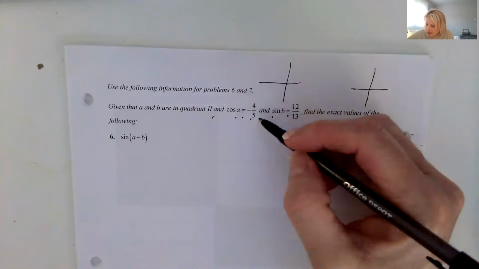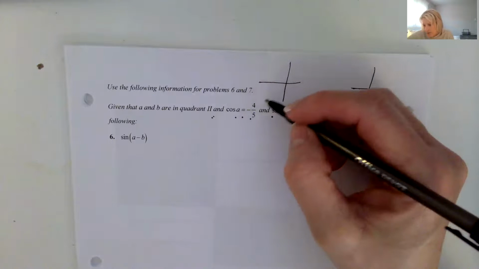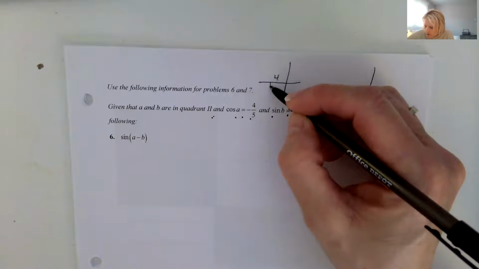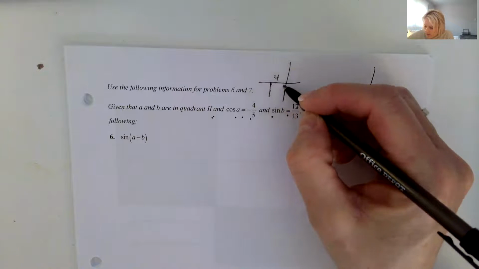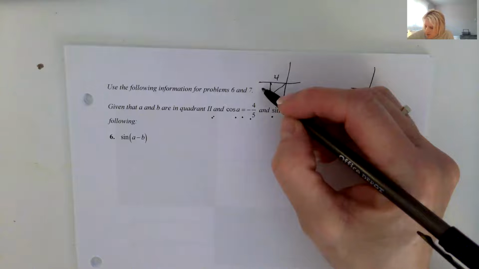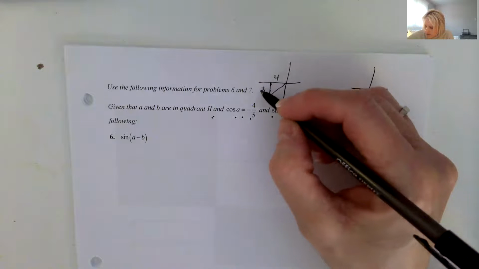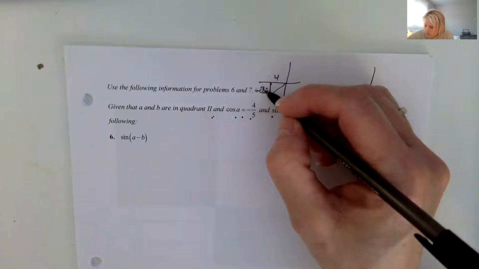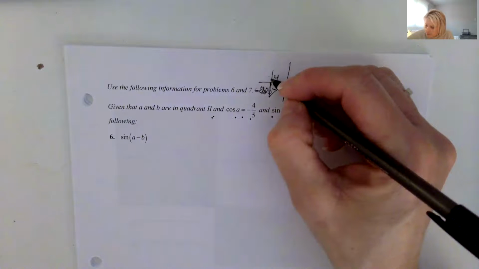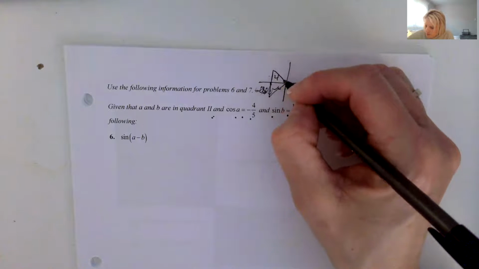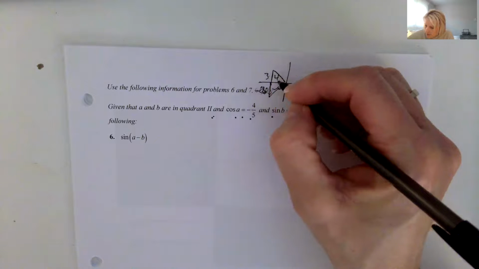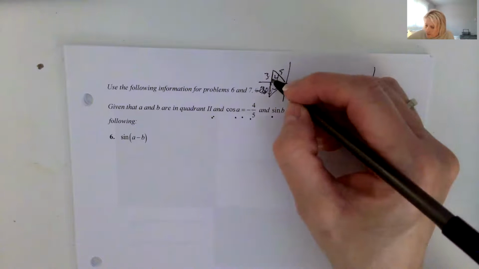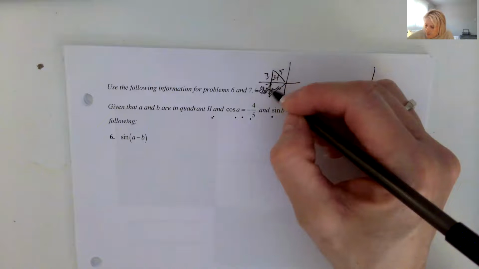So A, cosine of A is a negative 4/5. So the adjacent is 4. Oh, it's in quadrant 2. Whoops, I'm going up. Okay, so this is the 3, 4, 5. So the 4 is negative, the 3 is positive.